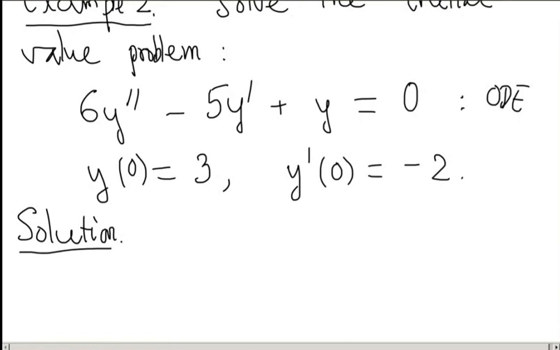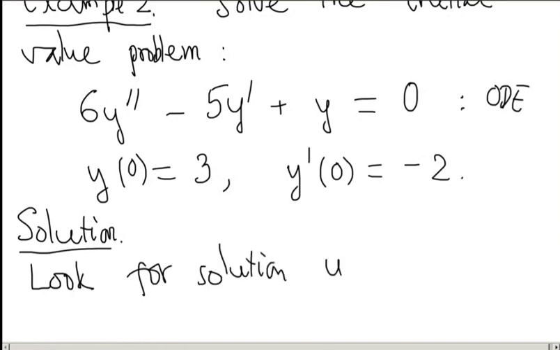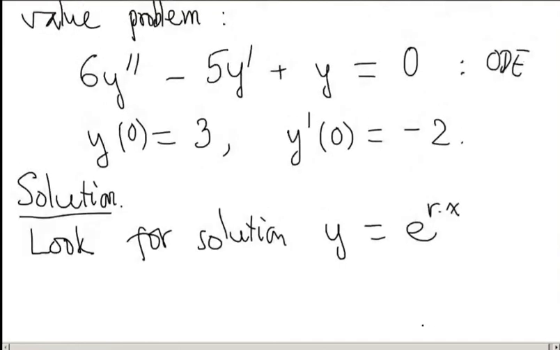Now first we look for a solution of the form e to the rx. The reason that I keep writing down this sentence is to make sure that you understand and remember that once we know R1 and R2, we plug into the formula to get y1 and y2.